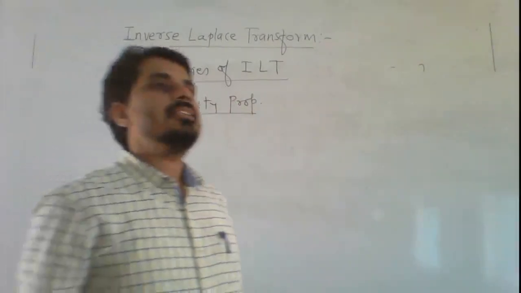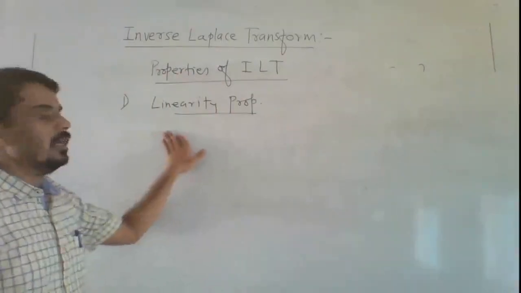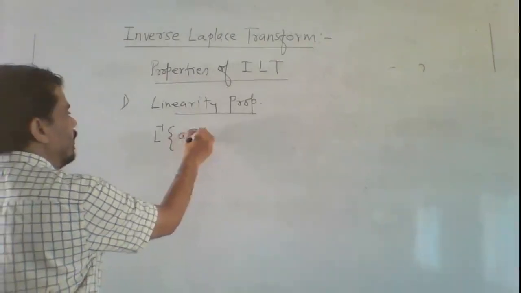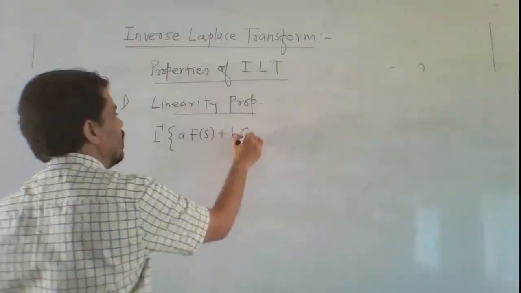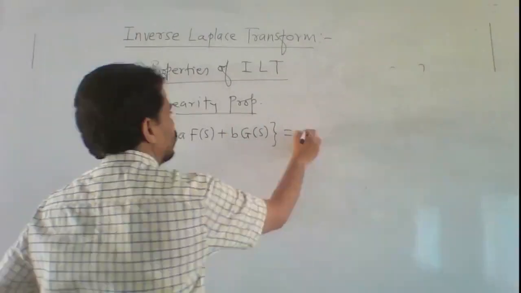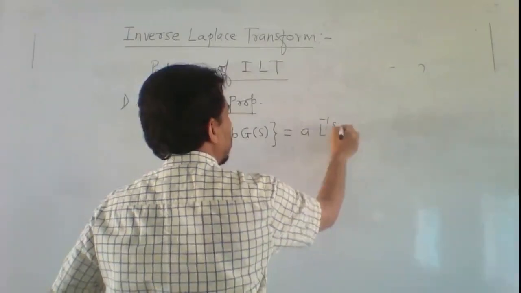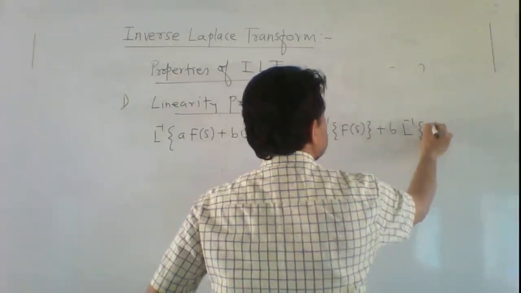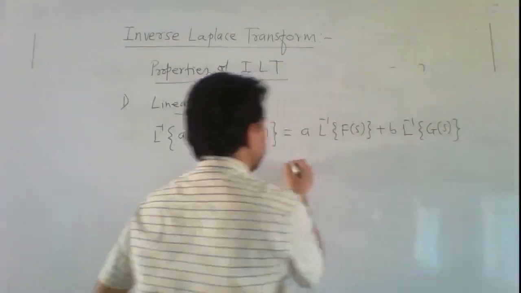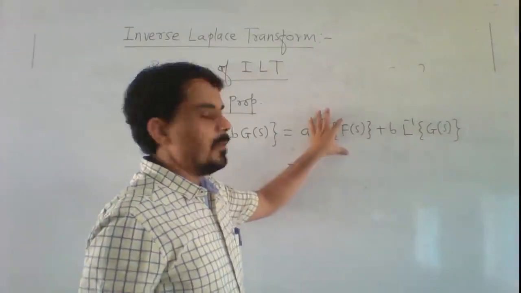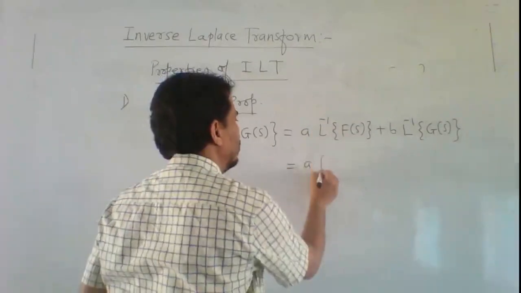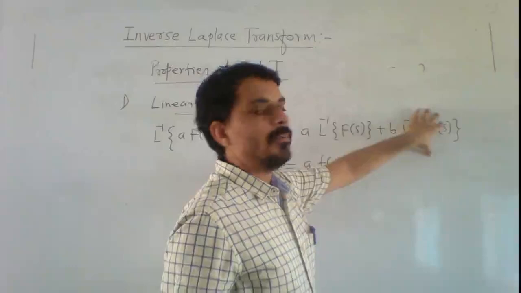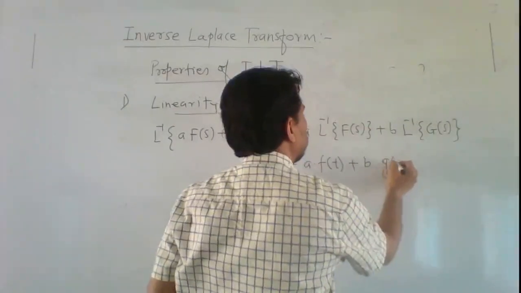Suppose F of s and G of s are two functions, a and b are two constants, then L inverse of a F of s plus b G of s is equal to a times L inverse F of s plus b times L inverse G of s, which is a into f of t plus b into g of t, if the inverse Laplace transforms are f of t and g of t.